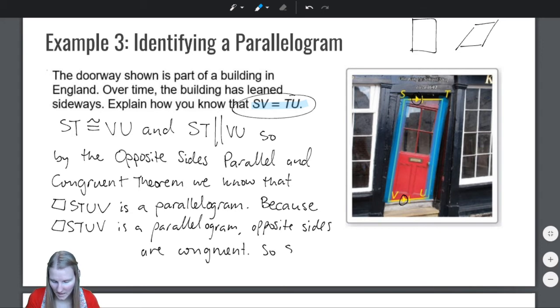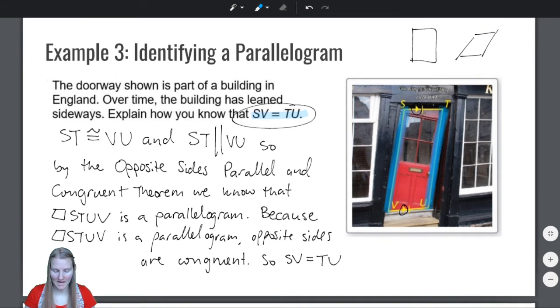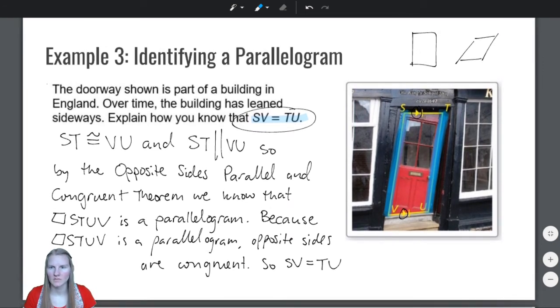So SV is equal to TU. Ta-da! I want to know that the opposite sides of this door are congruent.